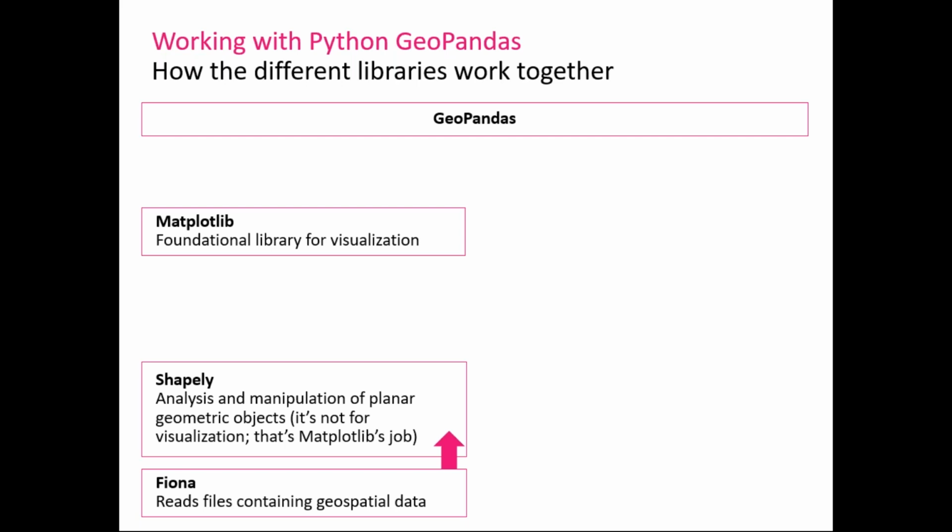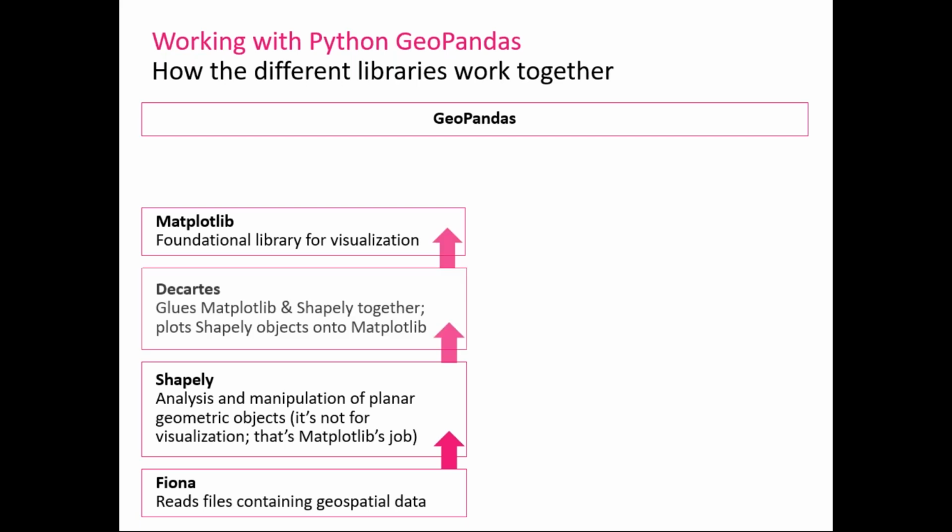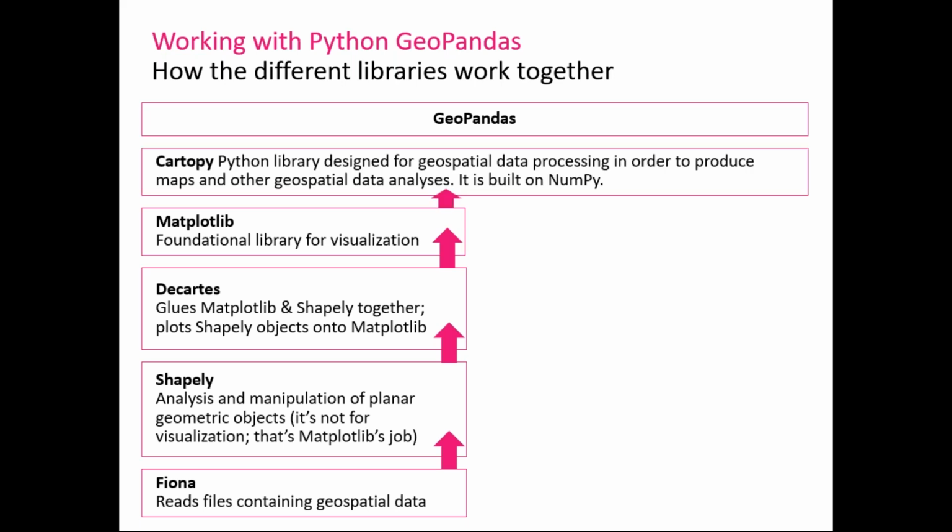Now, Matplotlib is the foundational library for visualization. Now, how do you glue Shapely and Matplotlib together? Here comes Descartes. Descartes is a library which is specifically built for gluing together Matplotlib and Shapely. And it plots essentially Shapely objects onto Matplotlib. Last but not least, there's CartoPy.